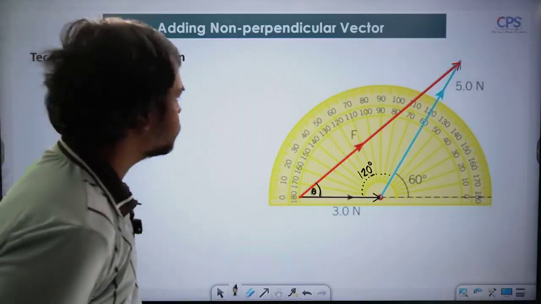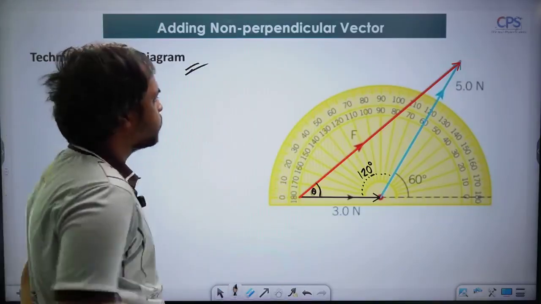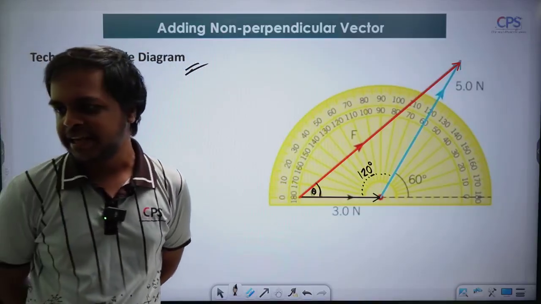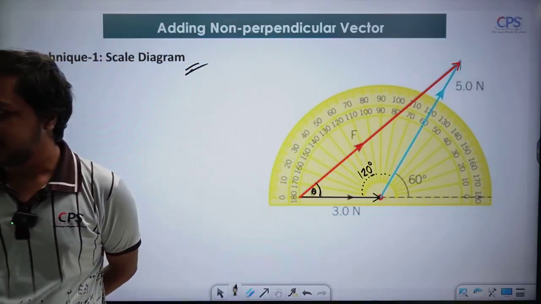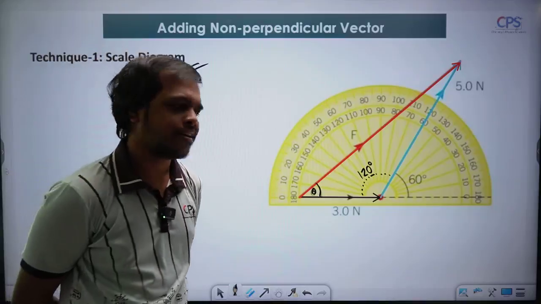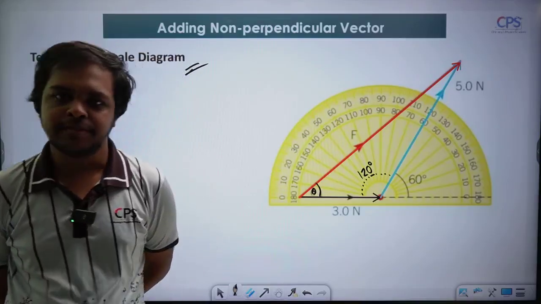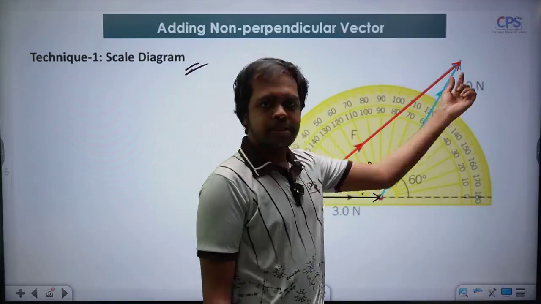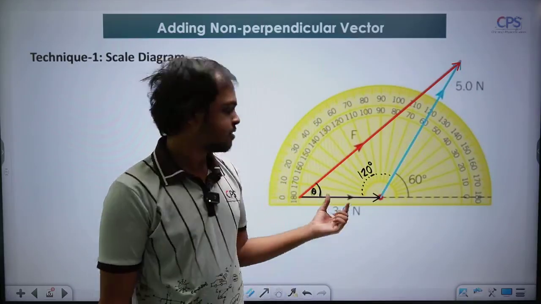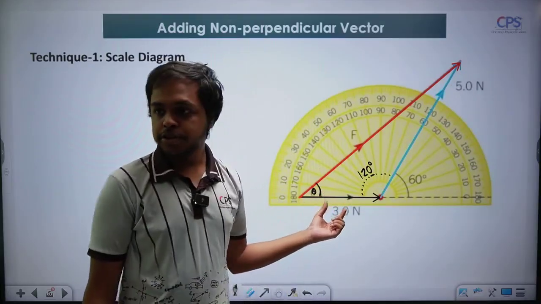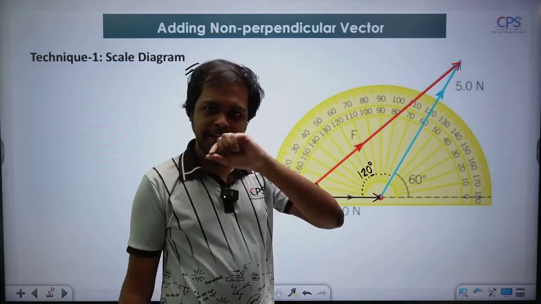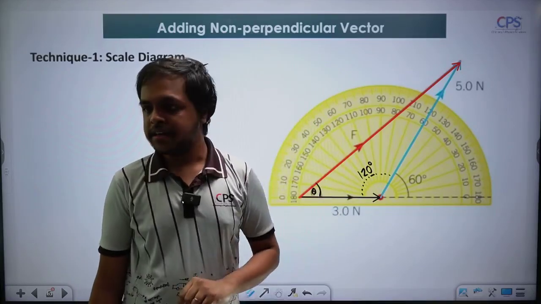But there is a but. We don't normally do it. What we do is carry out mathematical formulations, because that one is easier and more feasible. Because you have to be very cautious with this scale diagram approach, with the fine tuning of the measurement.